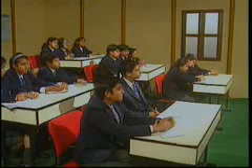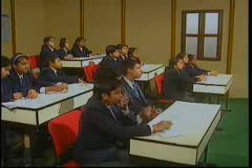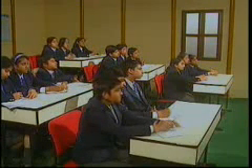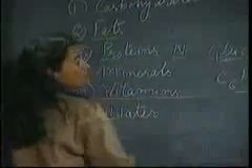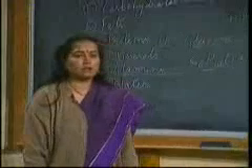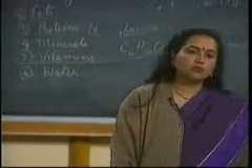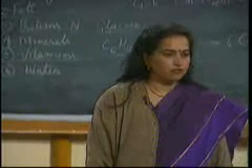Now proteins, in addition to carbon, hydrogen and oxygen, contain a very important element, that is nitrogen. So proteins contain carbon, hydrogen, oxygen and nitrogen. Some proteins also contain sulfur.